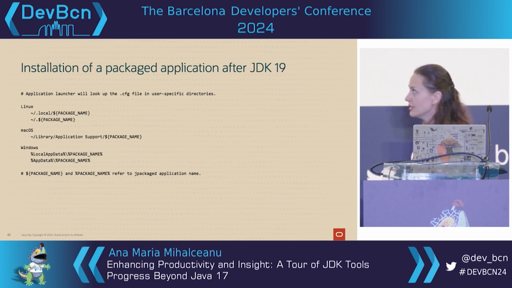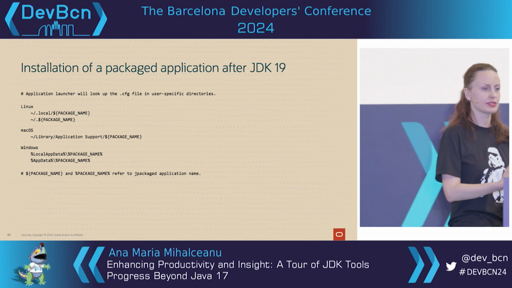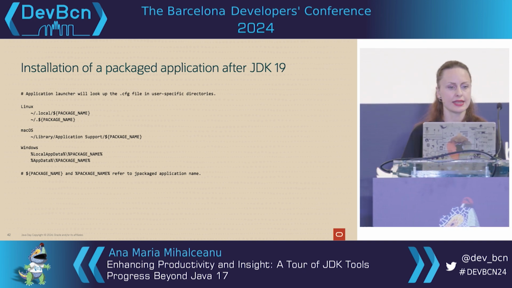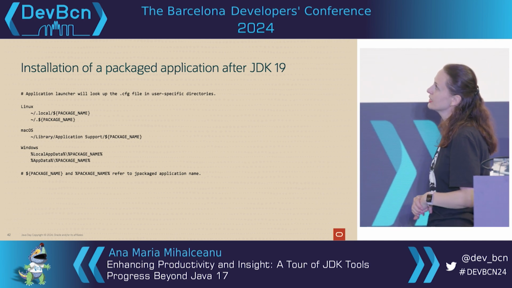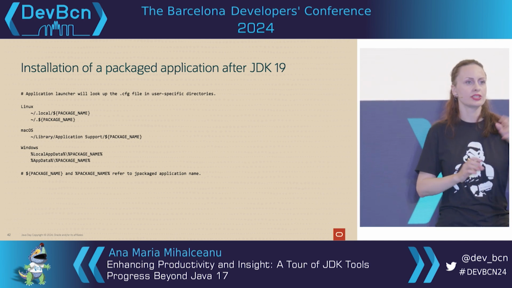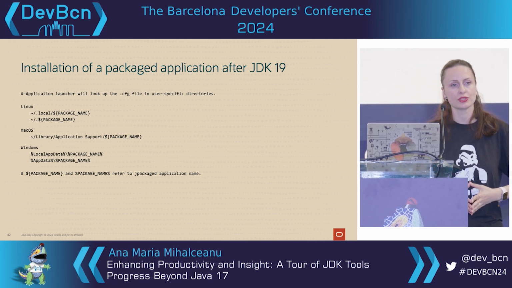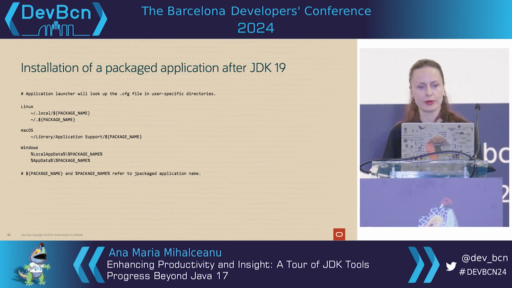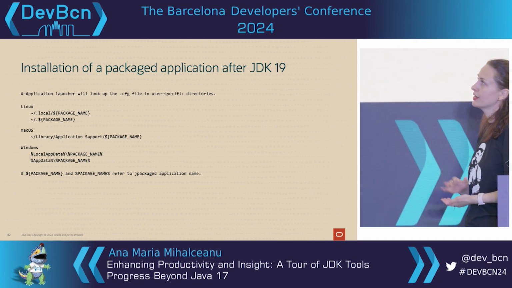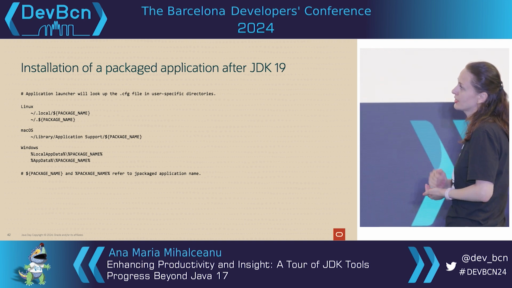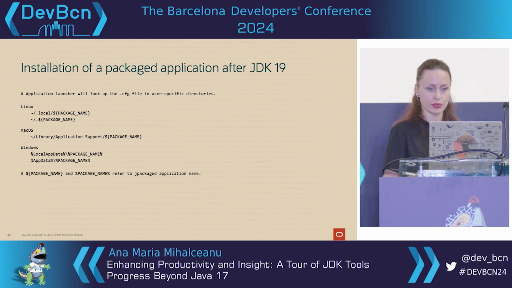So if a JPackaged application is installed after JDK 19, the application launcher will look for that .cfg file somewhere in the user-specific directory. So it's not going to assume it's system-wide anymore. It's going to search for the configuration to launch itself in those specific directories for Linux, macOS, or Windows.